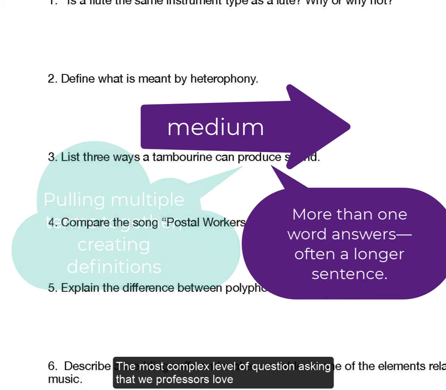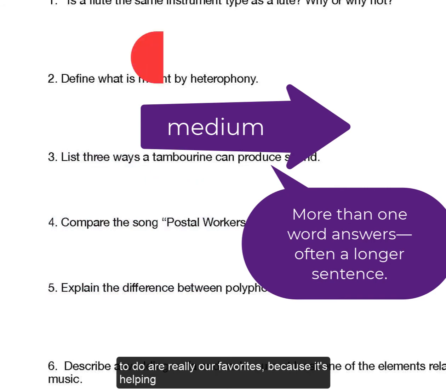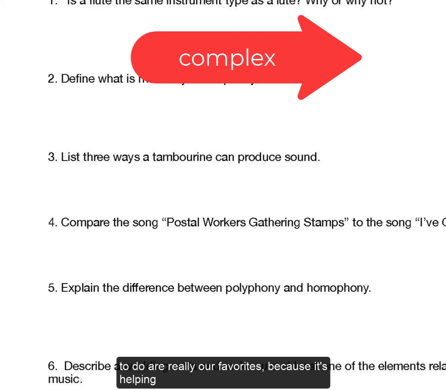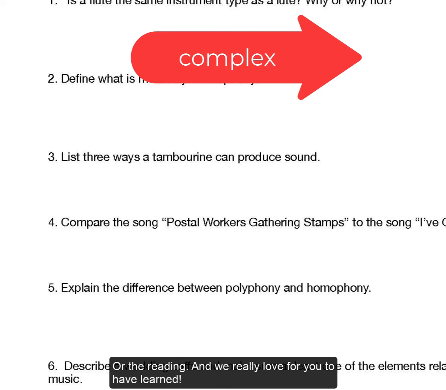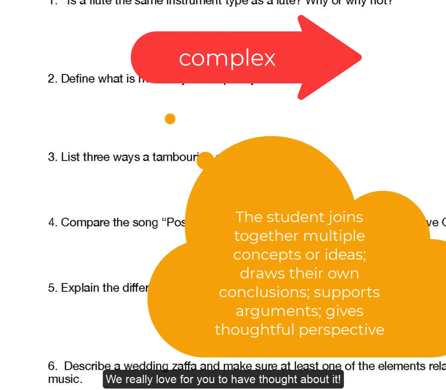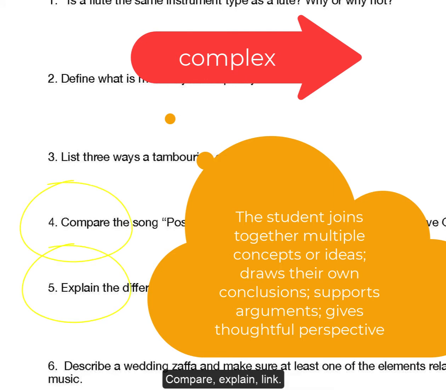The most complex level of question asking that we professors love to do are really our favorites, because it's helping you demonstrate how much you have thought about what you've learned in the lesson or the class or the lecture or the reading. And we really love for you to have learned and we really love for you to have thought about it. So you'll see words like compare, explain, link.